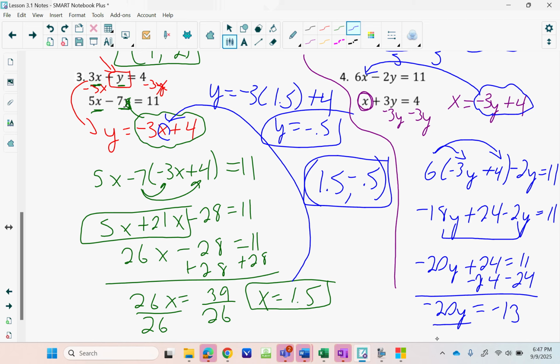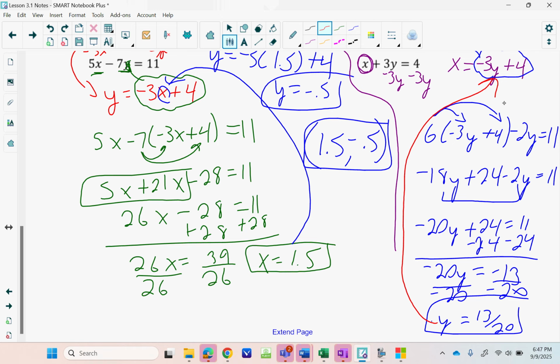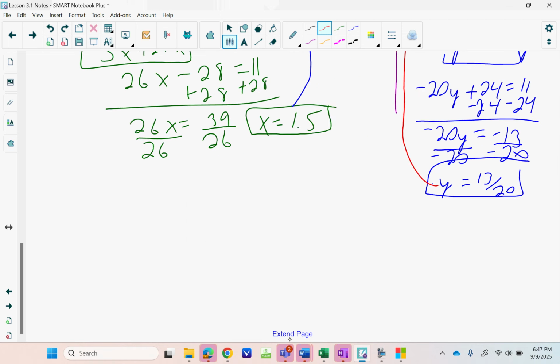Ooh, this is going to be a yucky decimal. I'll keep it as a fraction. Yuck, that is hideous. Okay, so I'm going to plug this in. Let me do this in a different color. I'm going to plug this in right there and get my answer.